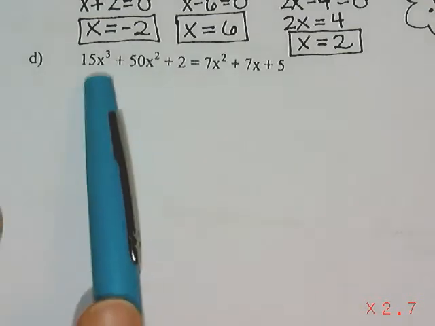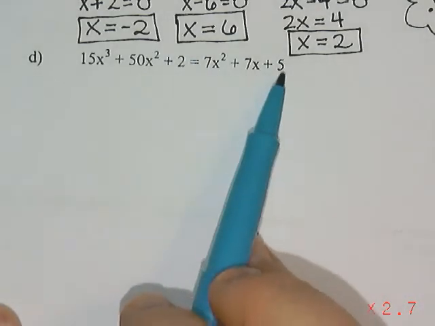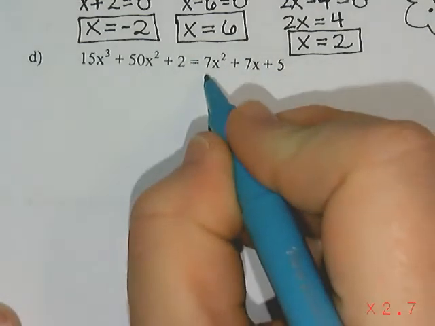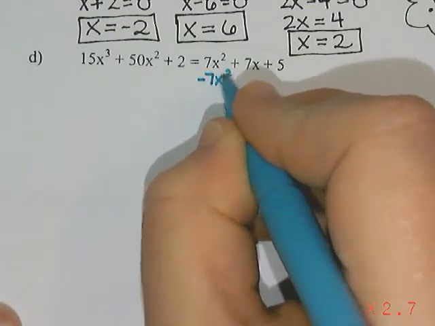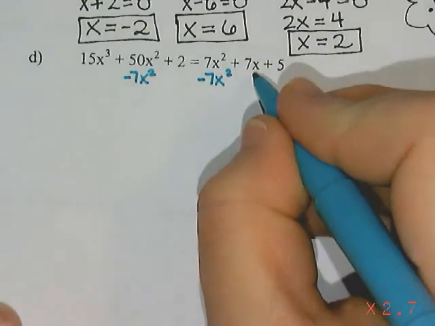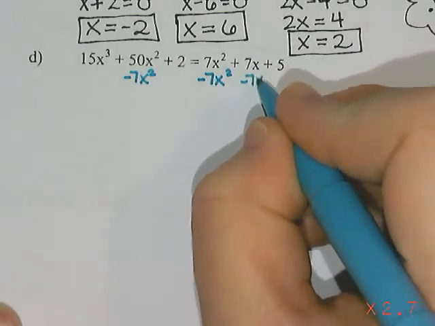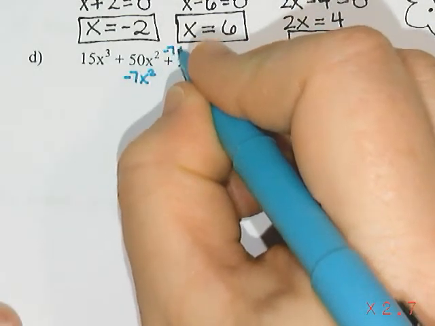So I'm going to leave the 15x cubed on this side, and move everything from the right side over. I'm going to move the 7x squared by subtracting 7x squared from both sides. I'm going to move the 7x by subtracting 7x from both sides. I don't have a like term to write that next to, so I'm just going to put it up here.